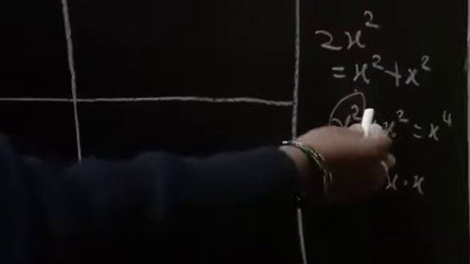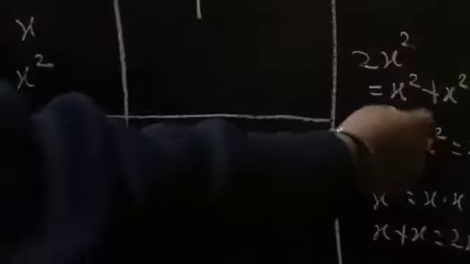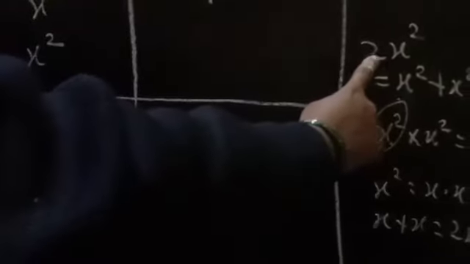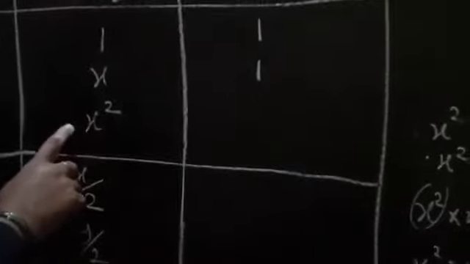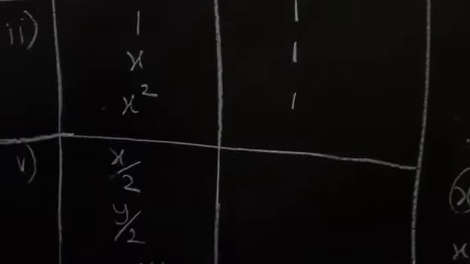When we add x plus x, we will get 2x. So 2x squared means x squared 2 times we added, that is 2x squared. That means 1x squared means only 1 x squared we have. So what is the coefficient of x squared? Only 1.